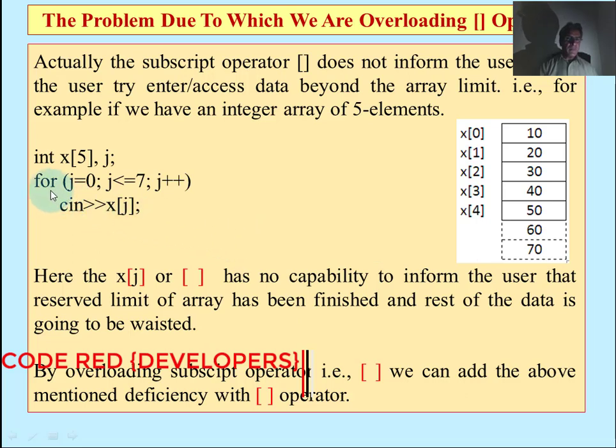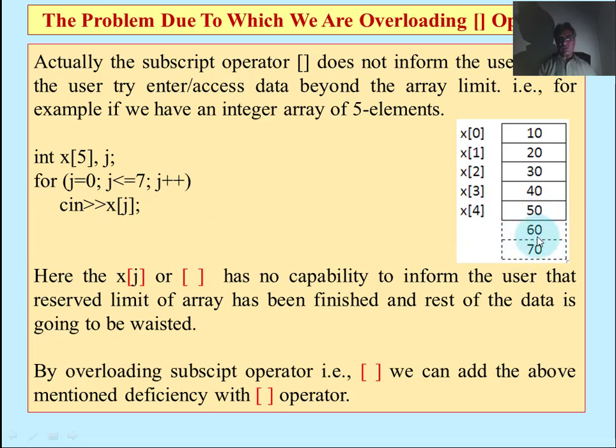The last limit of this array is index 4, and this for loop is generating the index 5 and 6 and also getting the value from the user, and the user is entering values which are going to be wasted, and this is a wastage of time for the user.